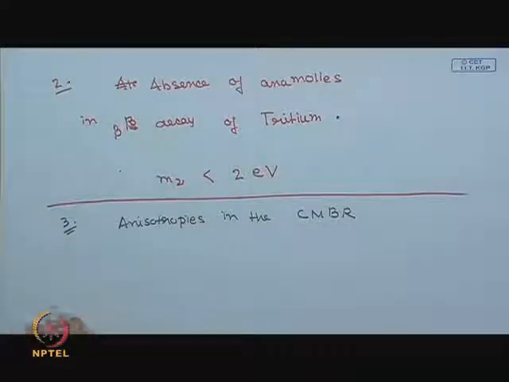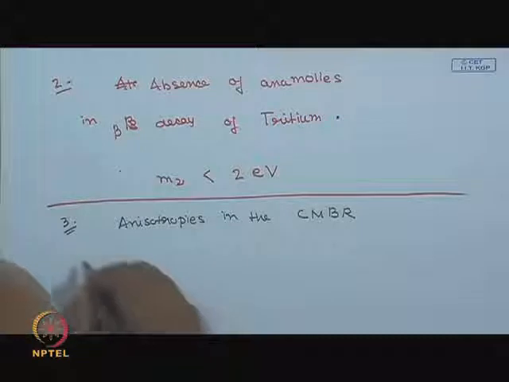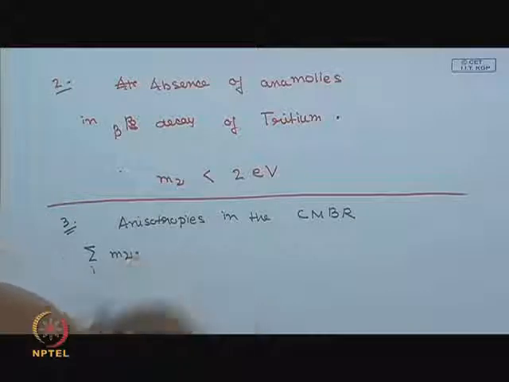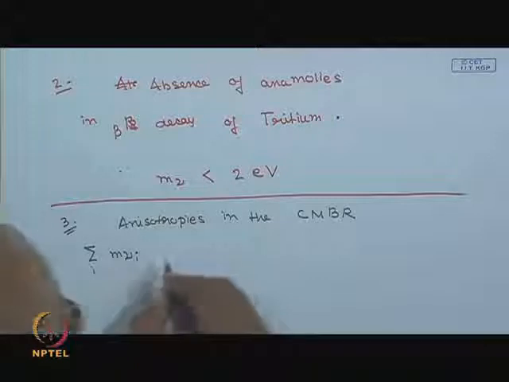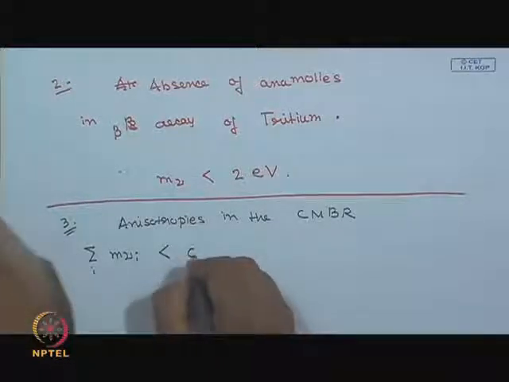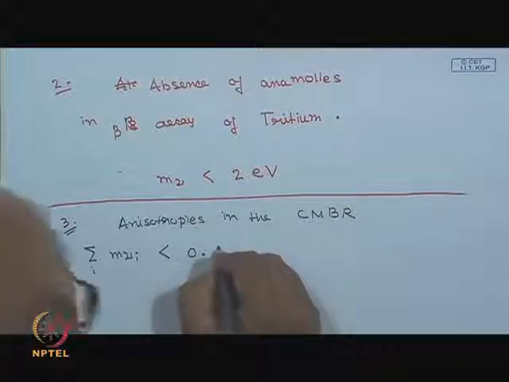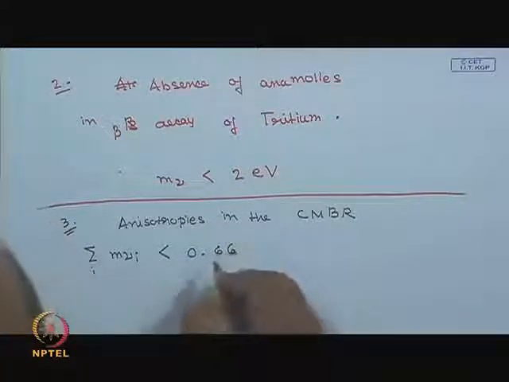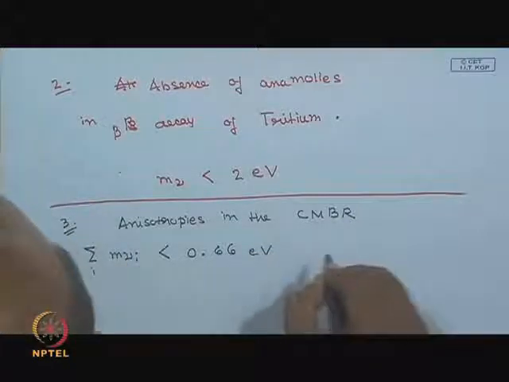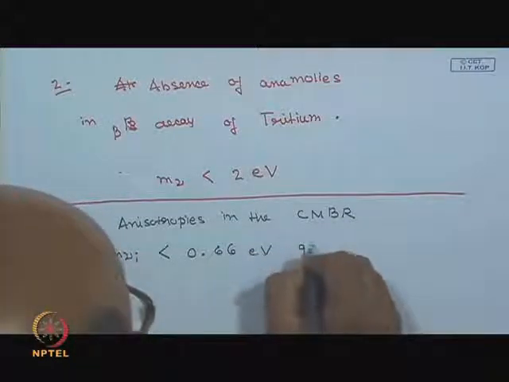And this imposes the limit that the sum of the neutrino masses, so we know that there are three flavors, should be less than 0.6 electron volt, and this is at the 95% confidence level.